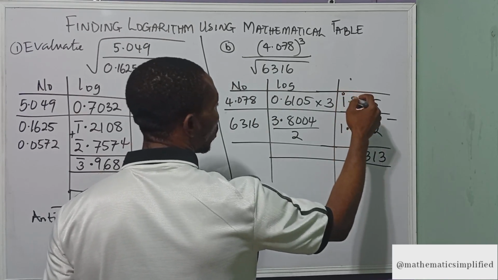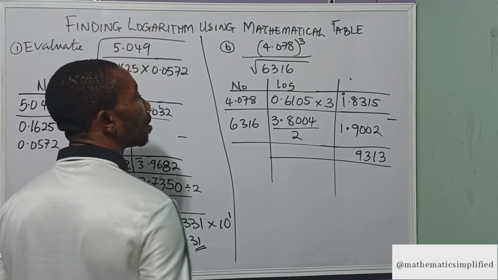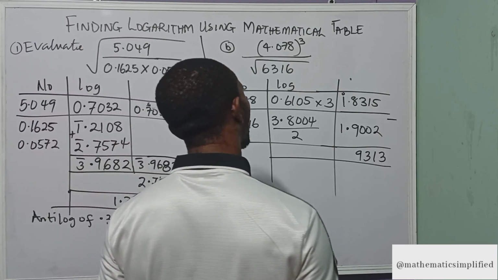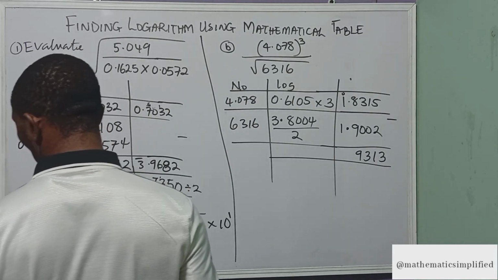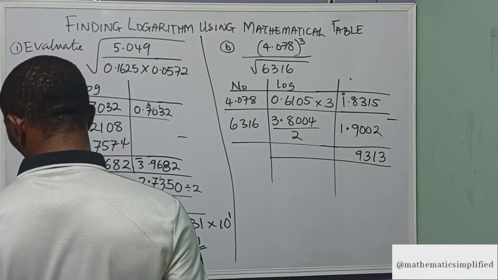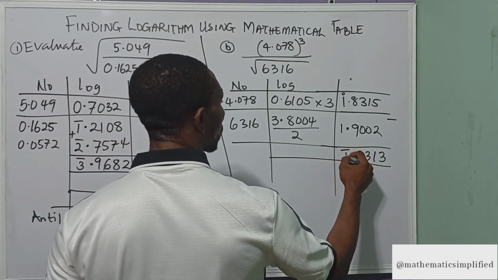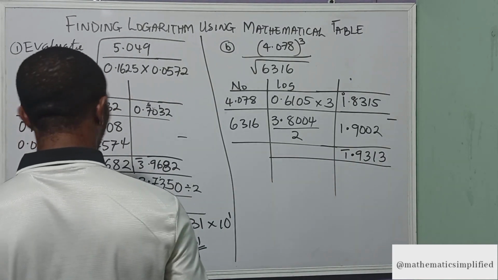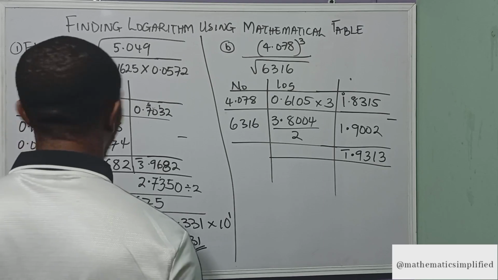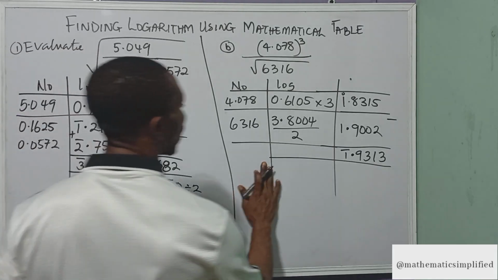So this is 0. 0 minus 1 will give us a minus 1. So this becomes minus 1.9393.